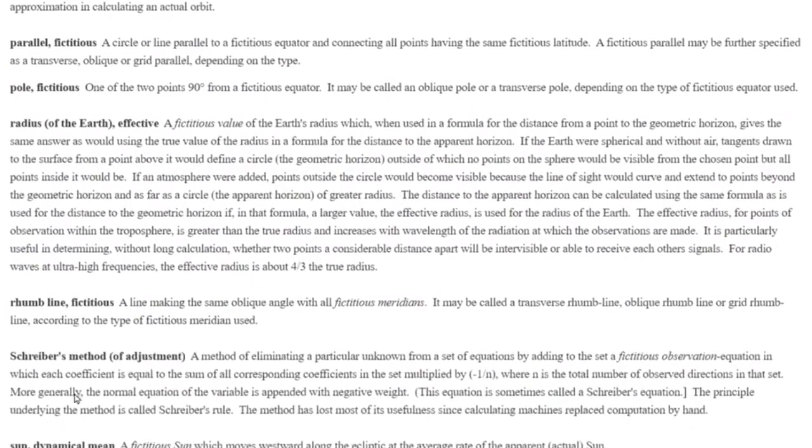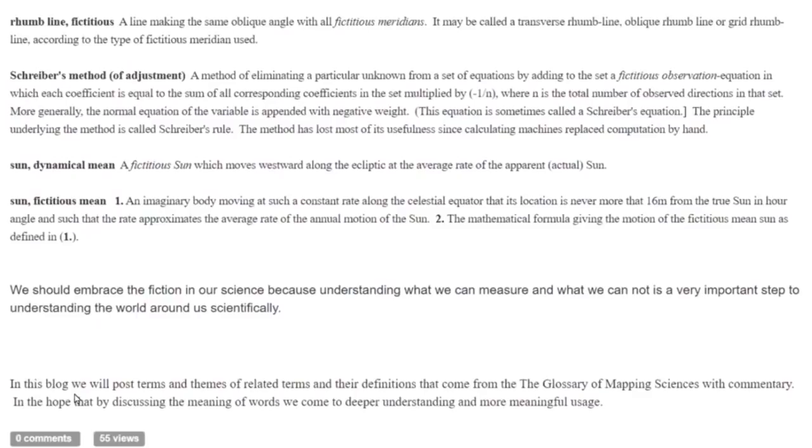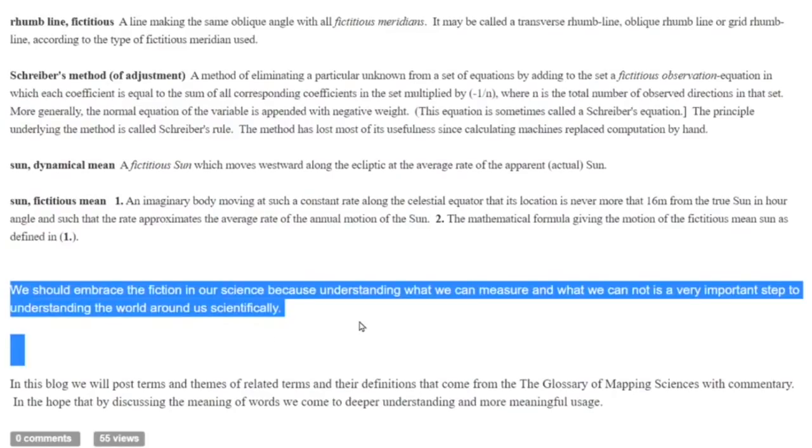And then let's just go down to the last summary statement, right below sun fictitious mean. We should embrace the fiction in our science because understanding what we can measure and what we cannot is a very important step to understanding the world around us scientifically. What? What we cannot measure. What? That's all adorable.